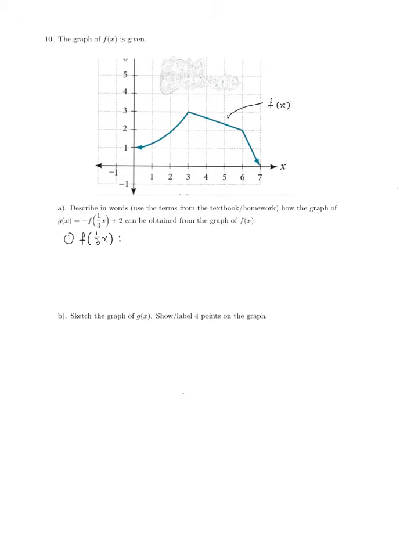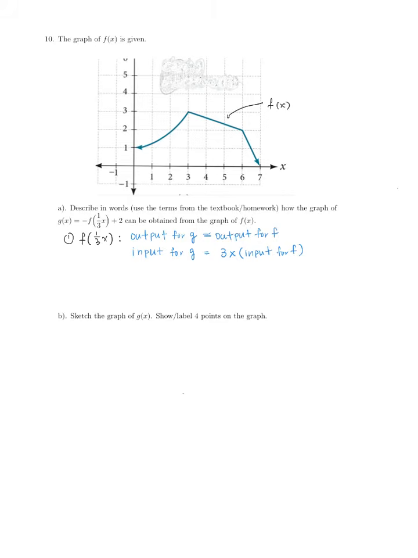This means that the output for g of x is going to be equal to the output for f of x, but the input for g is going to be 3 times the input for f. Just remember that.